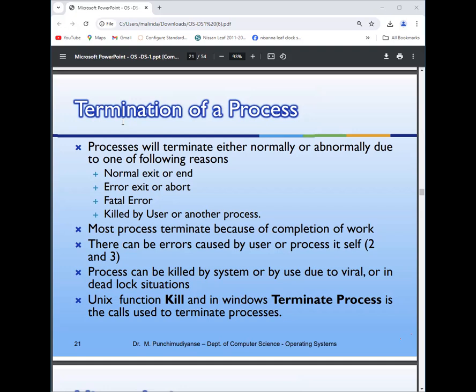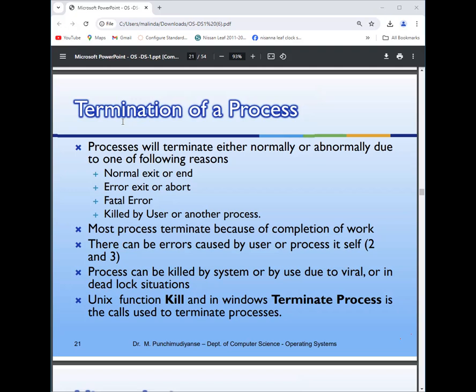Okay. So these are the four types of exits that a process can have. Most processes terminate because of completion of work. That is the first option. There can be errors caused by the user or the process itself, the second and third.